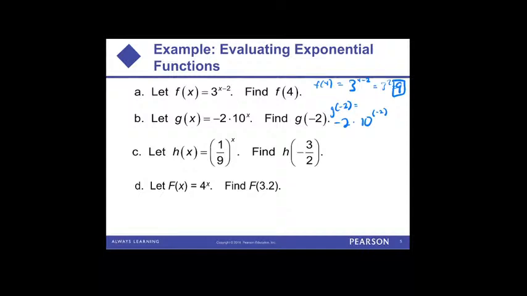So 10 to the power of negative 2 is the same as 1 over 10 squared. So this is the same as negative 2 times 1 over 10 squared. The negative exponent turns it into a fraction. 10 squared is 100, so 2 over 100 reduces down to 1 over 50. Okay, and we'll come back and check all of these momentarily.